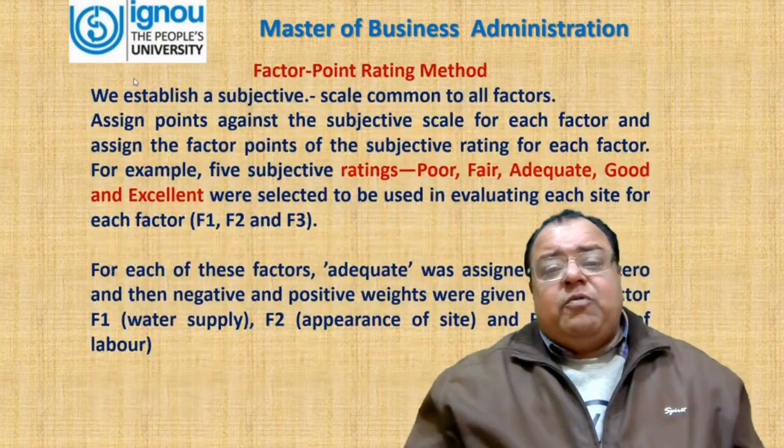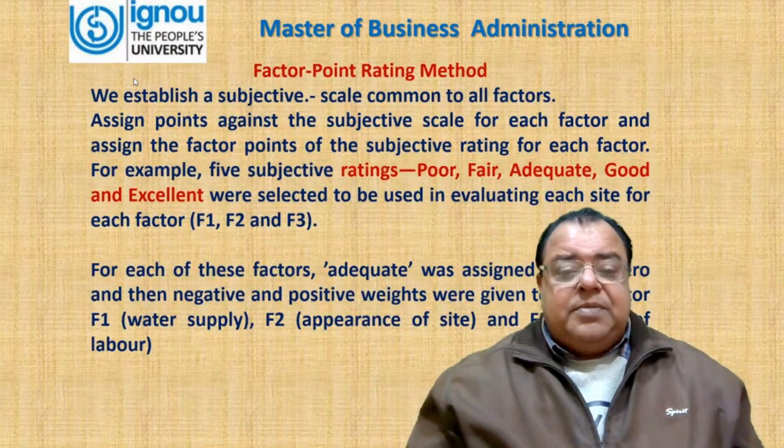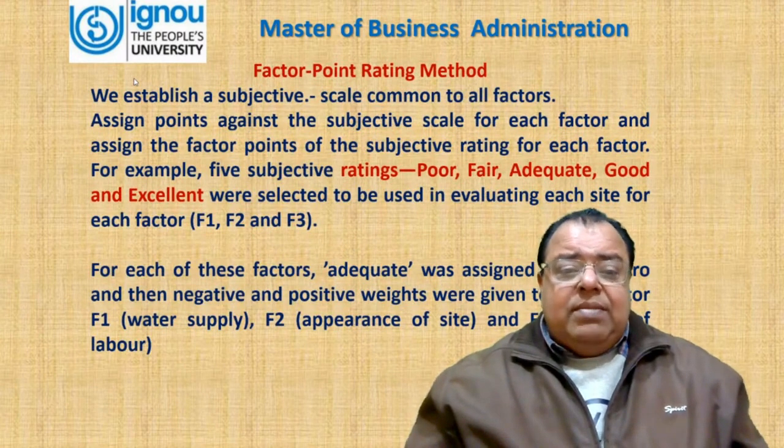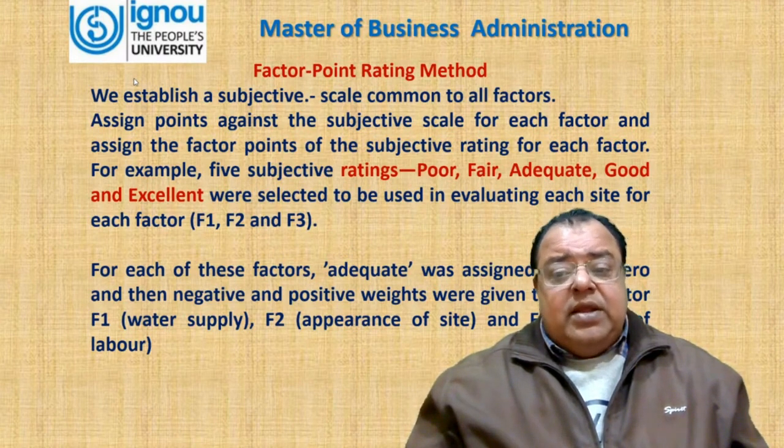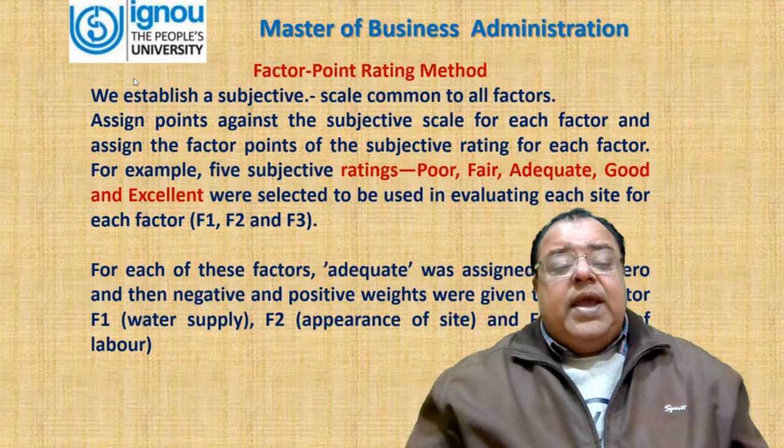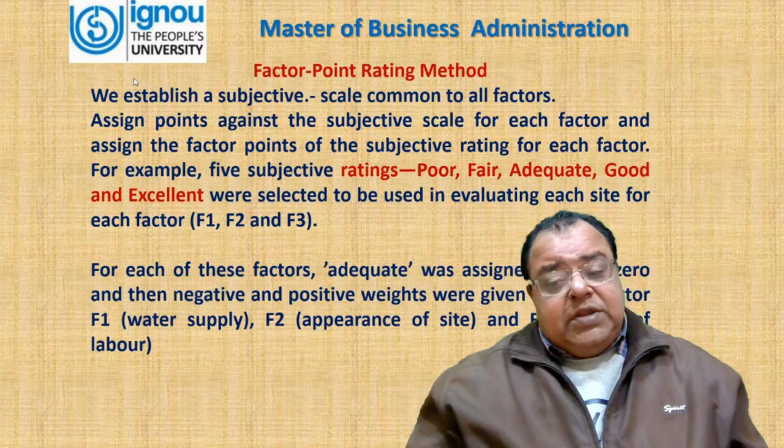Then the next method is the factor point rating method. We establish a subjective scale common to all factors. Assign points against the subjective scale for each factor and assign the factor points of the subjective rating for each factor.